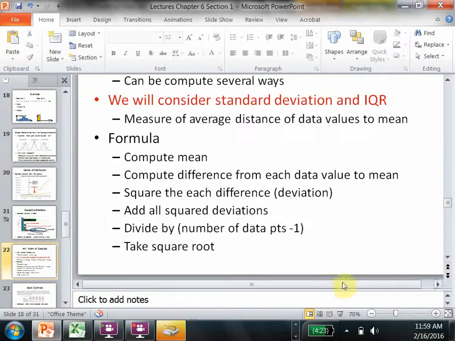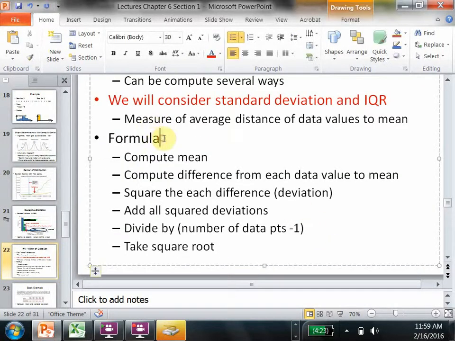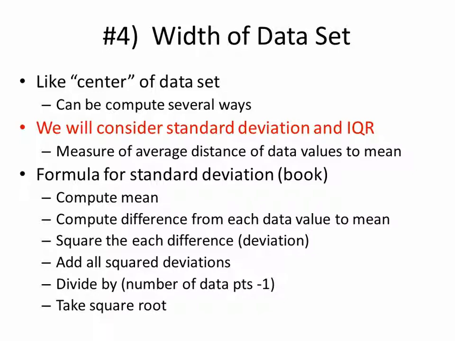I'm not going to spend a great deal of time on this, but this is the formula for the standard deviation. This is in the book if you want to go through it a little bit more. But essentially all we have to do is compute the mean from the data set. We're going to take the difference. This is where the deviation comes in.